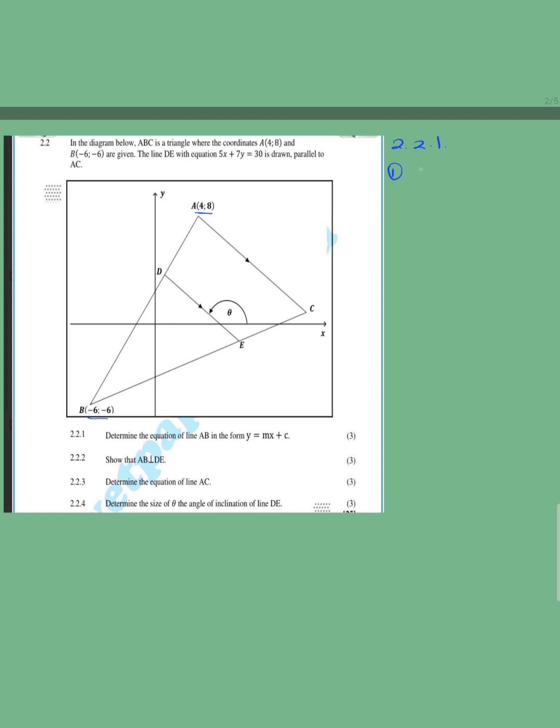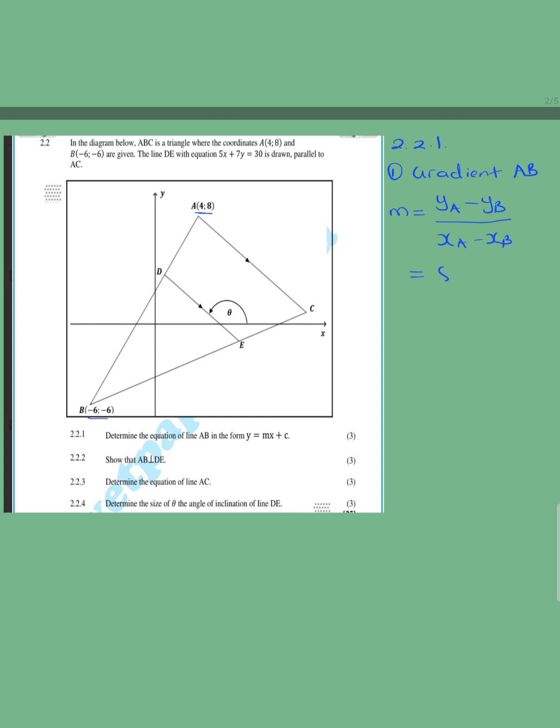Number one, we find the gradient. M equals, we are looking for the gradient of AB, so y of a minus y of b over x of a minus x of b.